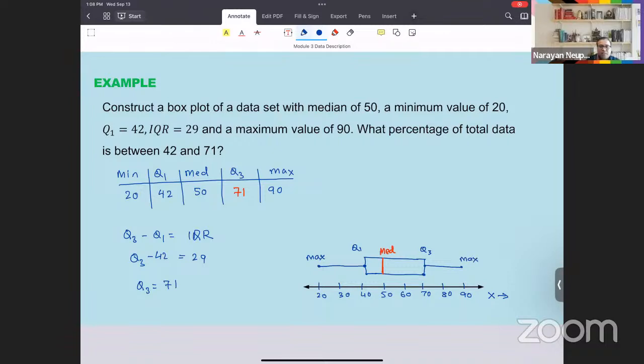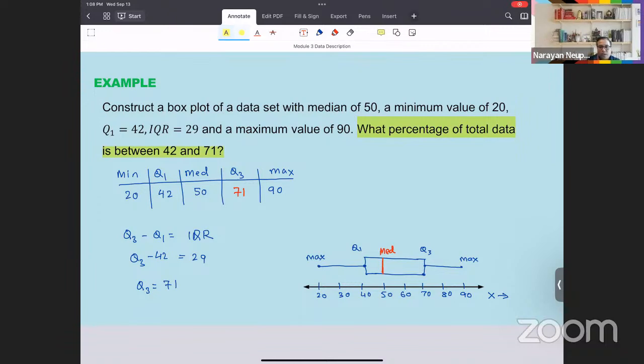Okay, so we answered the first part of the question, construct the box plot. And here is the second one. What is the percentage of total data between 42 and 71? You know that, look at the screen carefully. The quartiles Q1, the second quartile median, and Q3 divide the data into 4 equal parts, 25% each, right?